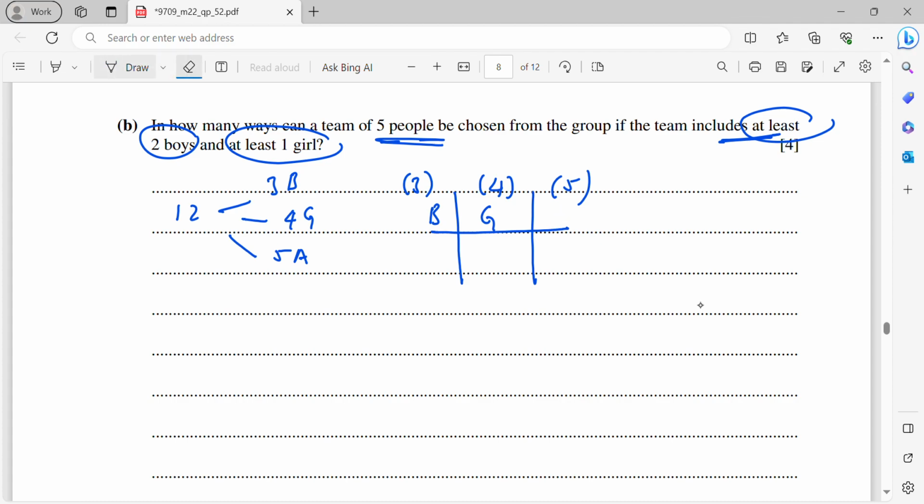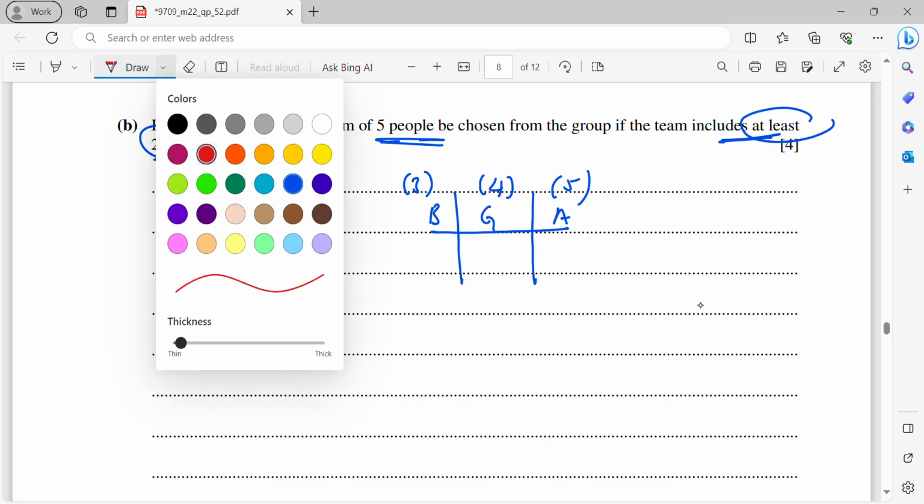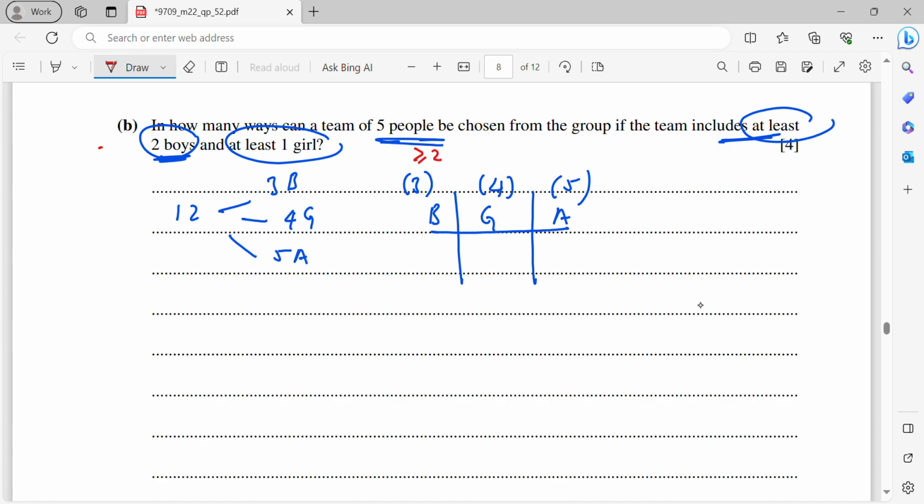Now at least 2 boys. I need to choose at least 2 boys, at least 1 girl to get 5 people. So definitely I have to choose 2 boys and then 1 girl. 2 plus 1 is 3, so I can choose 2 adults.